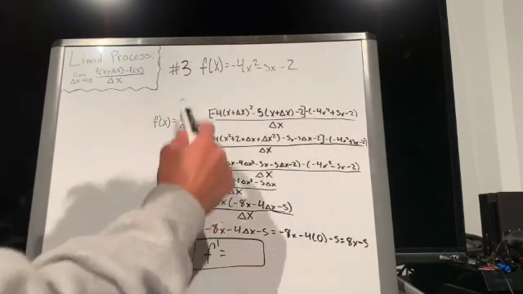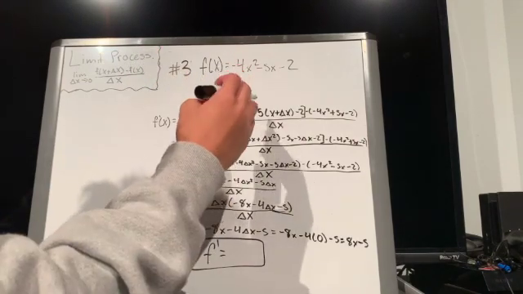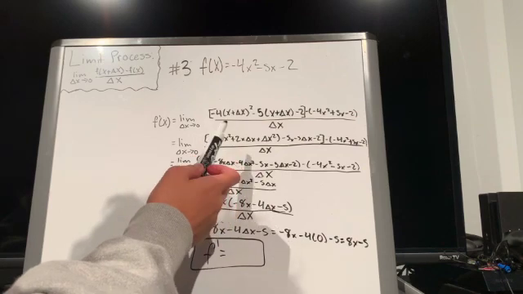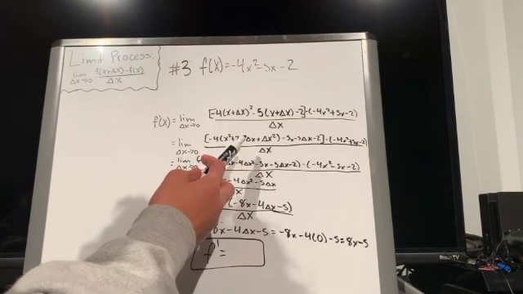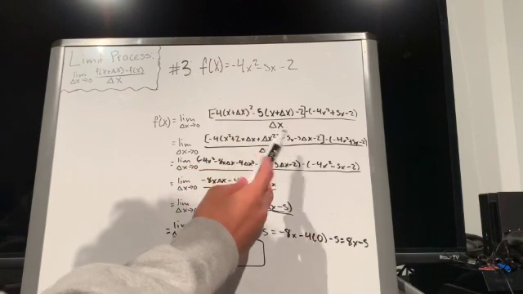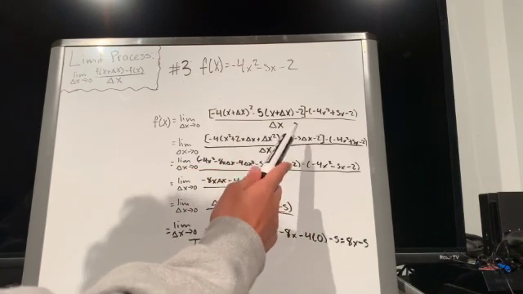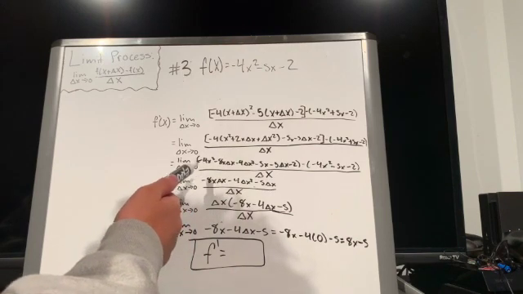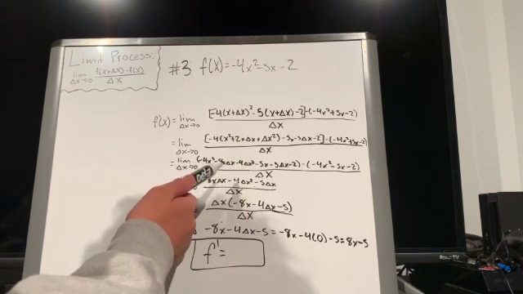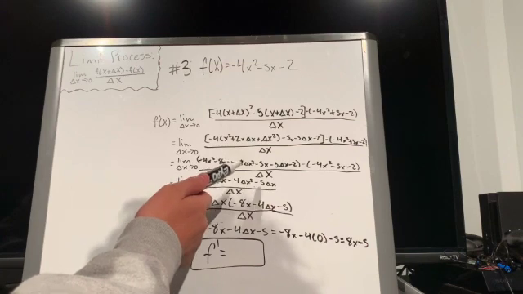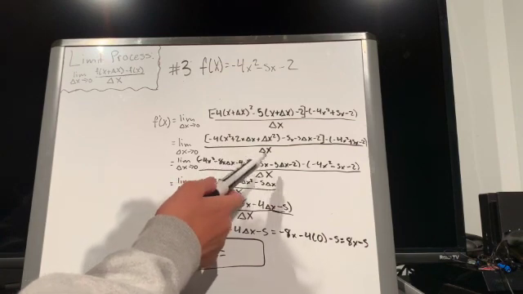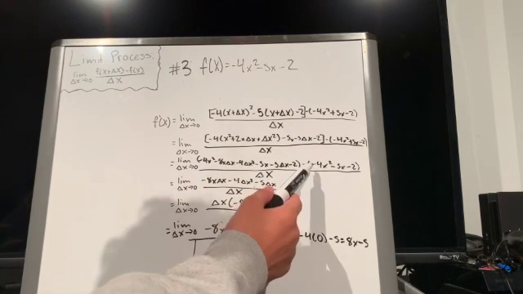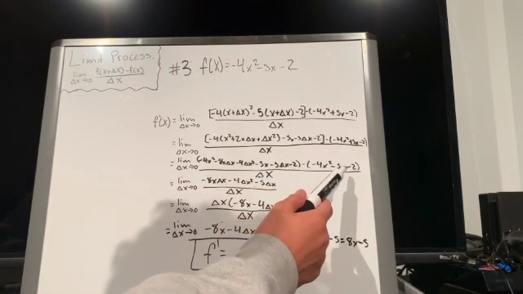And here we're going to start by squaring the x plus delta x, which gives us x squared plus 2x delta x plus delta x squared. And we're going to do the same for here, which gives us negative 4x squared minus 8x delta x minus 4 delta x squared minus 5x minus 5 delta x minus 2 minus negative 4x squared minus 5x minus 2.